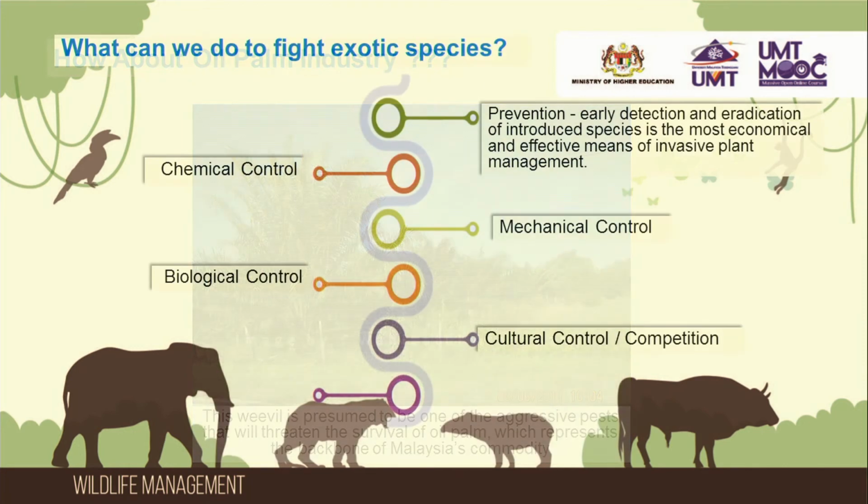The simplest and most important thing anybody can do to help fight exotic species is to prevent its introduction and establishment. Prevention, early detection, and eradication of introduced species is the most economical and effective means of invasive management.